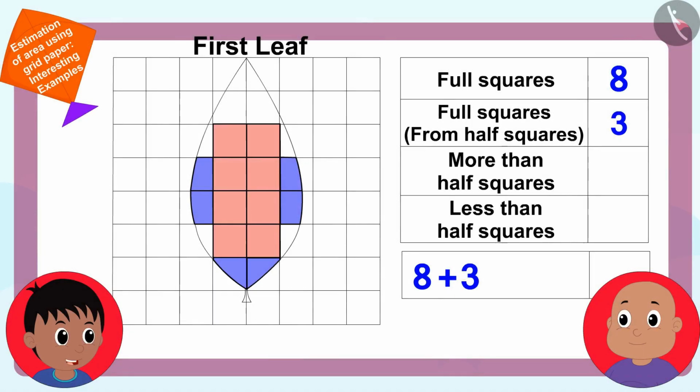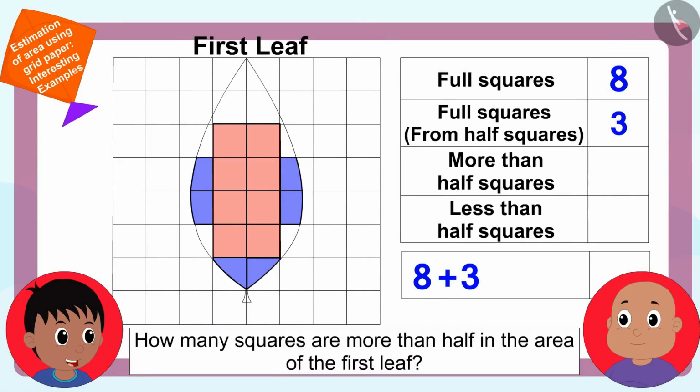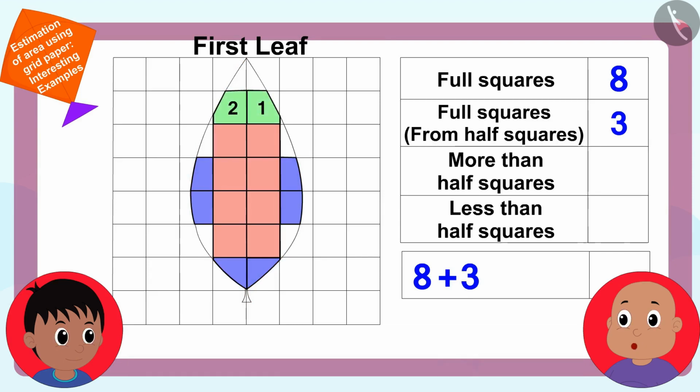And now, finally, can you tell me how many squares are more than half in the area of the first leaf? Raju asked. 2 squares. Bablu said excitedly. Absolutely right. We'll count them as full squares. Now Raju added 2 more to the number of full squares.